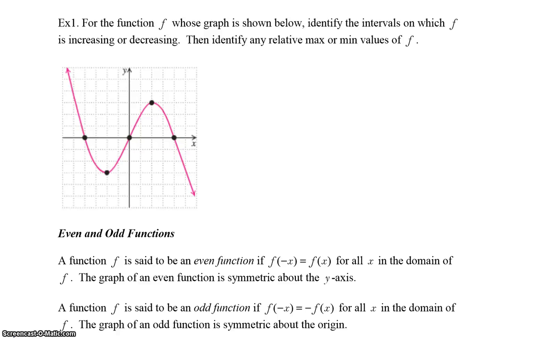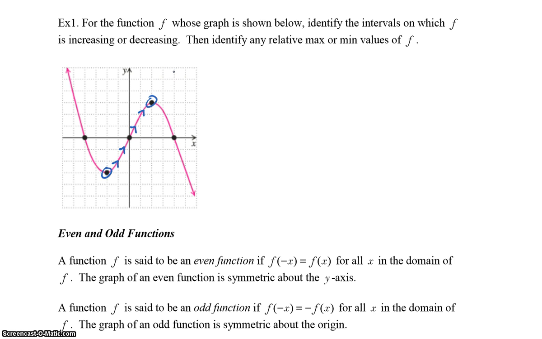So let's look at where the function is increasing or decreasing. Let's look for increasing behavior first of all. Increasing behavior means that the graph is rising from left to right. So if we look at this particular graph, you can see it's rising from left to right, right along here. I'll just put some arrows here so you can see. Between the two points located here and here.